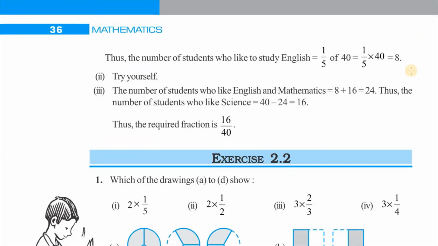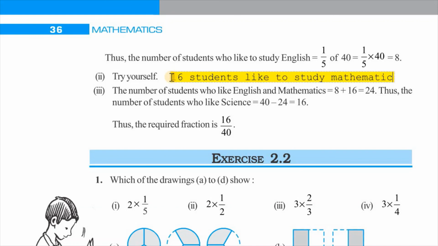And we know that 8 students like to study English. Therefore, 16 students like to study mathematics. Another way to do this is 2 by 5 into 40, which is equal to 80 by 5, which is equal to 16.